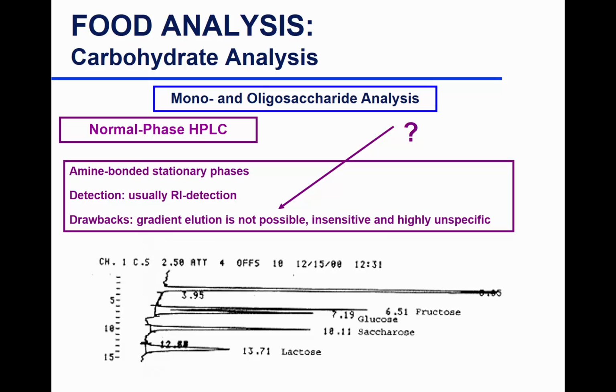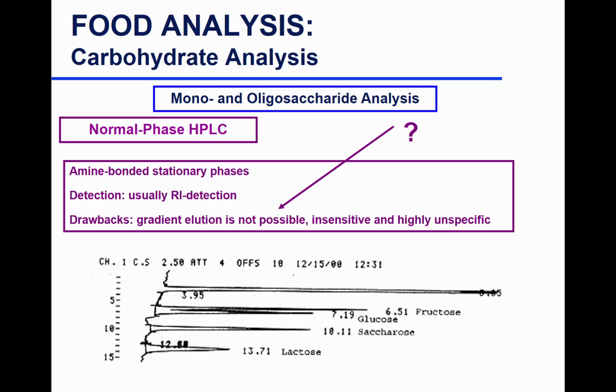It's generally insensitive, meaning you have to have a certain concentration. Below a certain concentration, you won't have good detection or good distinguishing between two closely related concentrations. And it's not specific. It will detect carbohydrates, but it doesn't necessarily have a specific signal for different carbohydrates.